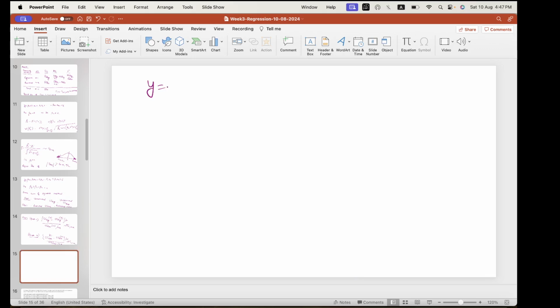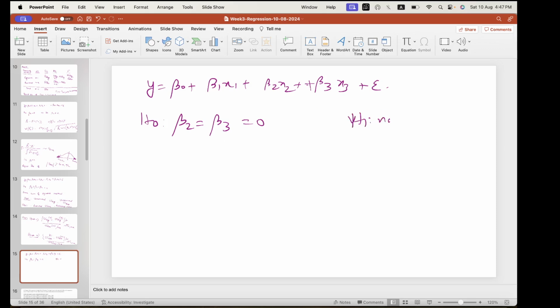So if I have y equal to beta naught plus beta 1 x1 plus beta 2 x2 plus beta 3 x3 plus epsilon, okay, so your H naught is, I think, beta 2 equal to beta 3 equal to 0. Let's say this is your H naught, and H1 is not H naught.